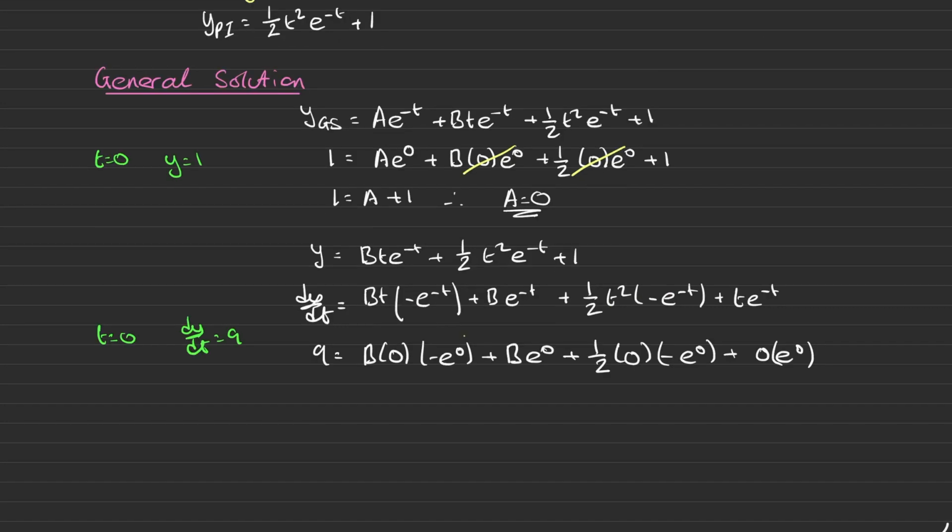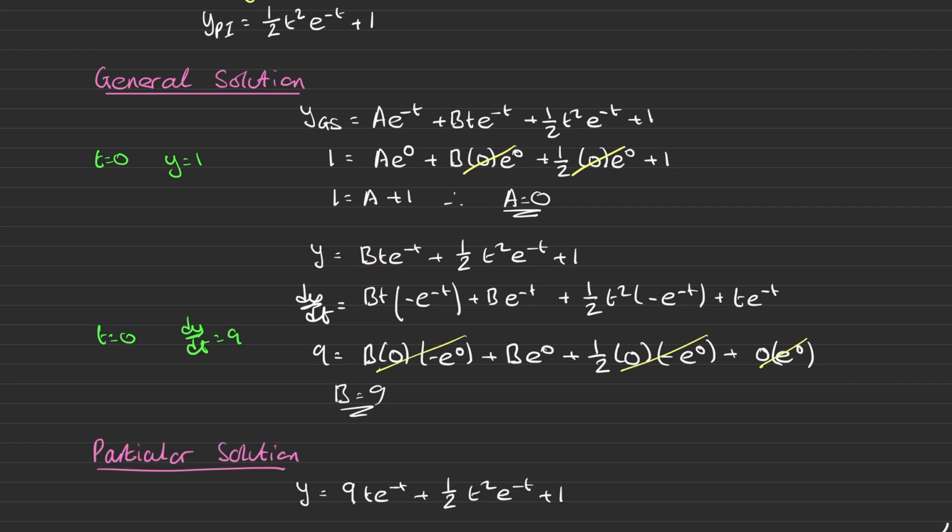We can see that this term will go, this term will go, and this will go. So b will equal 9. And now we can write our particular solution. We'll substitute the 9 into here. And that's part B.